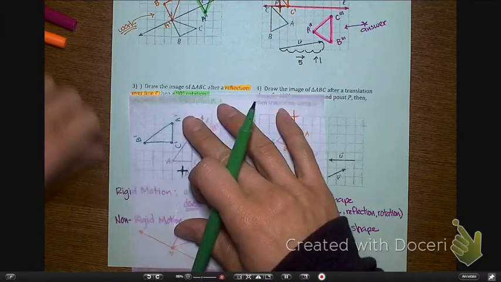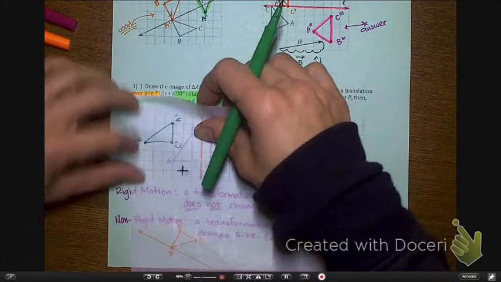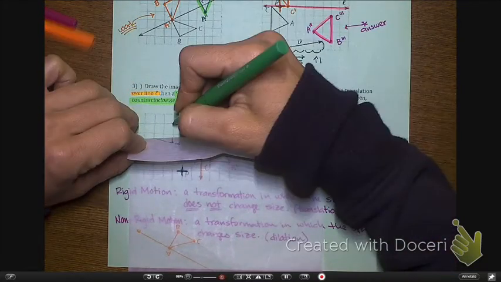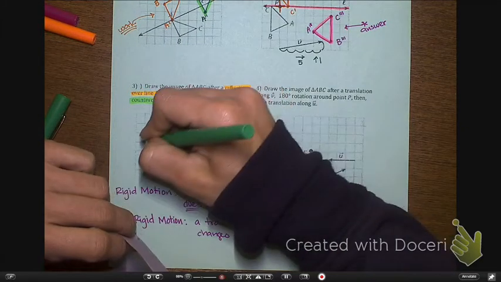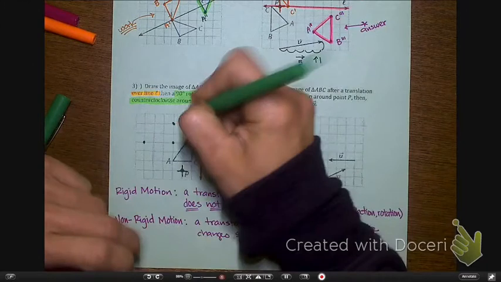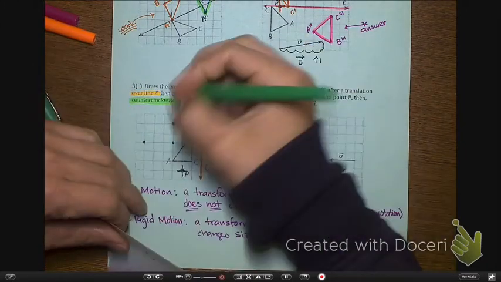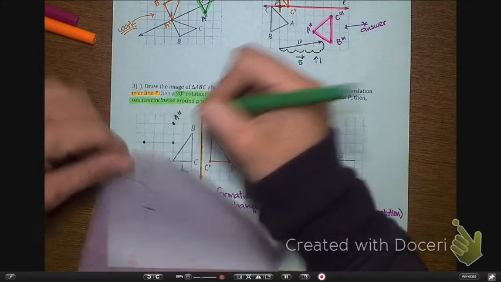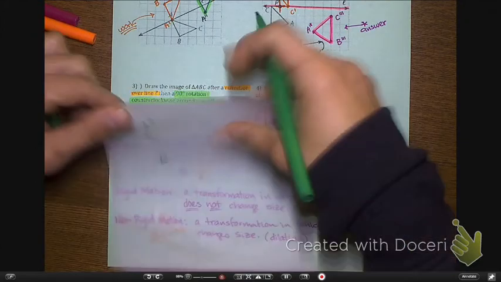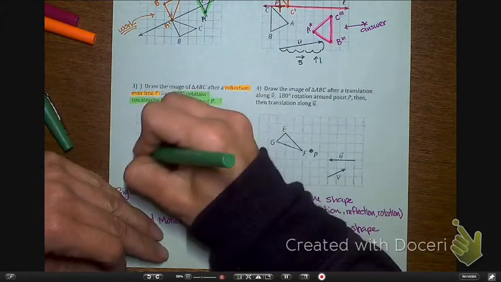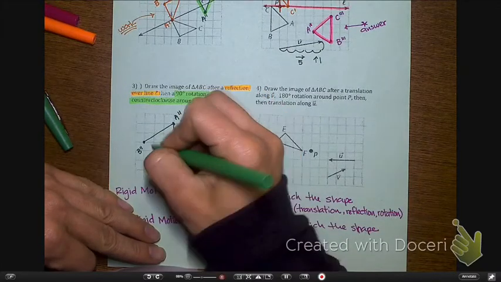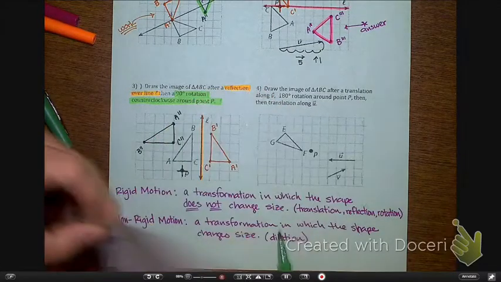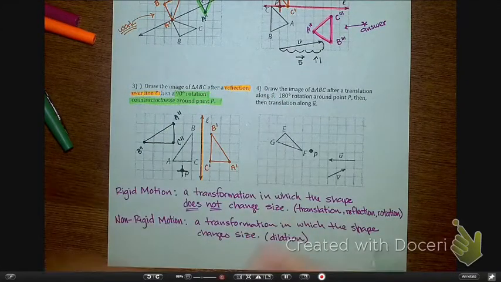Now I can see where all the points are going. So this was A double prime, C double prime, and B double prime. How many of you were able to do the rotation correctly also? Okay, good.